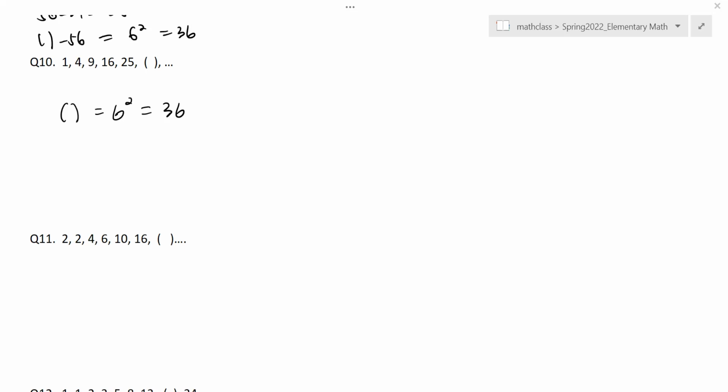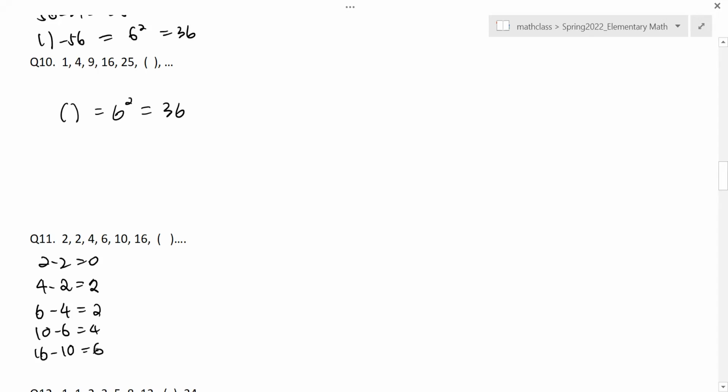You can take the difference of the two numbers to see whether it's working or not. 2 minus 2 is 0. 4 minus 2 is 2. 6 minus 4 is still 2. 10 minus 6 is 4. And 16 minus 10 equals 6.